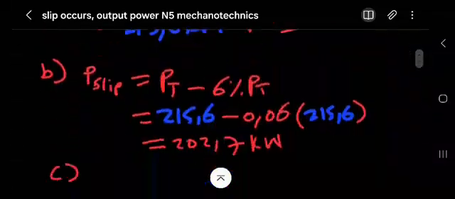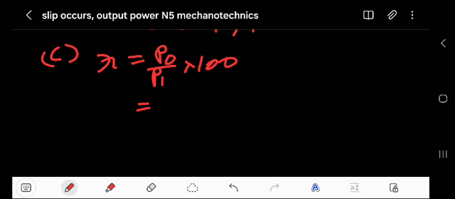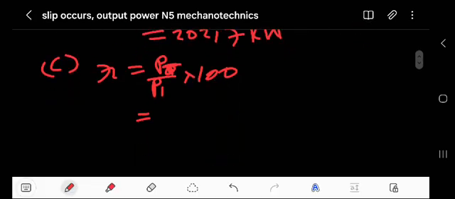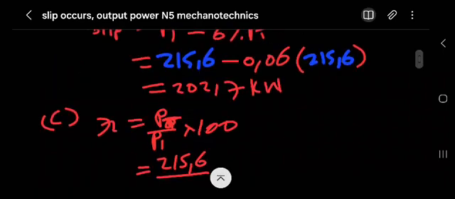Now see, the efficiency, all I know is output power over input power multiplied by 100. Here output is the one that, remember, is for 2 belts. The first one that we've calculated for 2 belts is 215.6, isn't it, over P in.